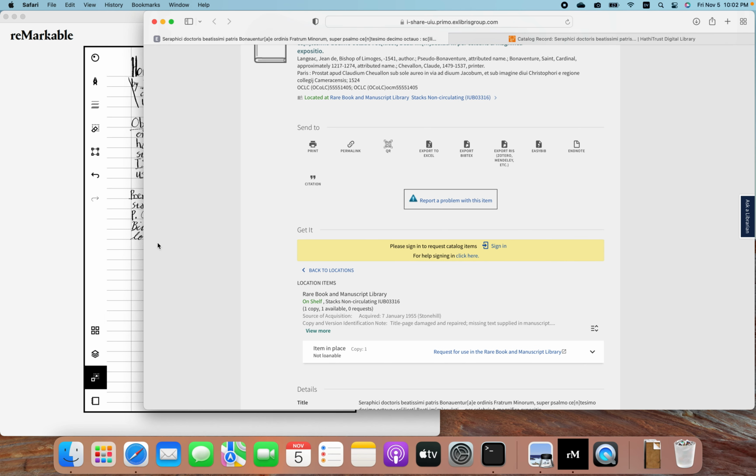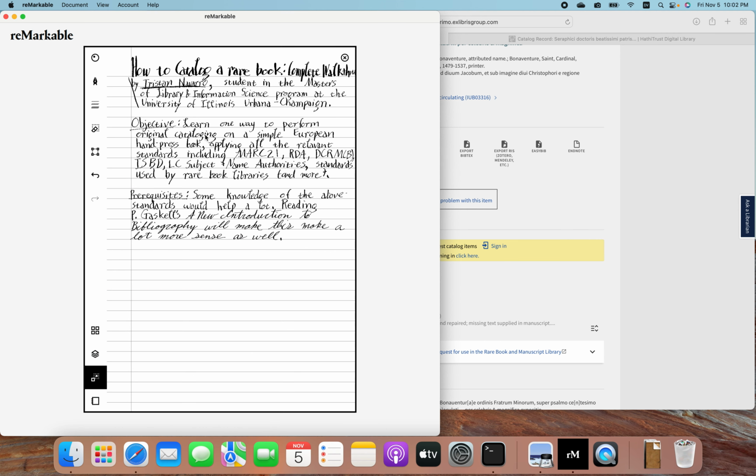I'm going to try to explain as if you have a little bit of cataloging knowledge. So I put my objective here: learn one way to perform original cataloging on a simple European hand press book, applying all the relevant standards, including MARC, technically MARC 21, RDA, DCRMB, ISBD, LC subject and name authorities, and these are standards used by rare book libraries and more.